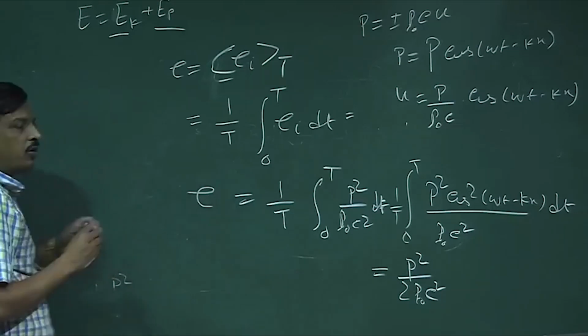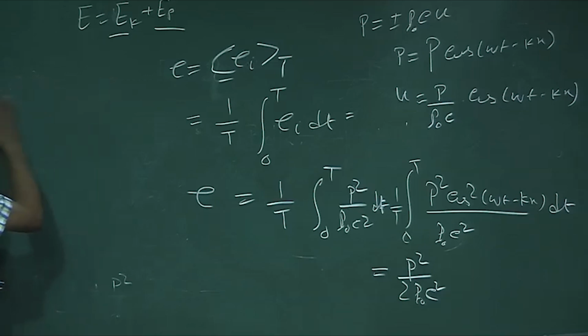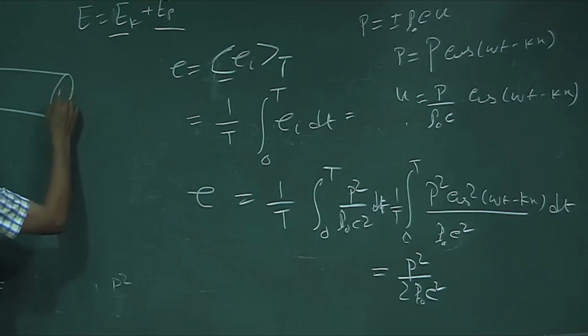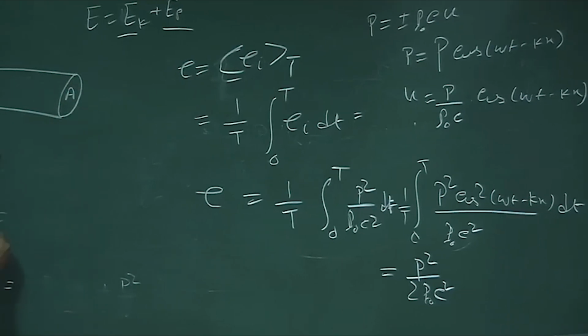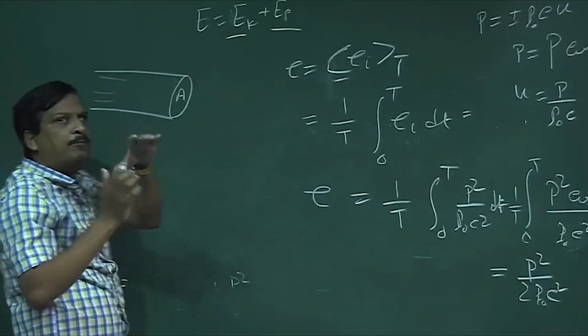Now, let us consider that the wave is propagated along this blackboard. Let us consider a volume with a cross sectional area A. Let's consider a pipe.